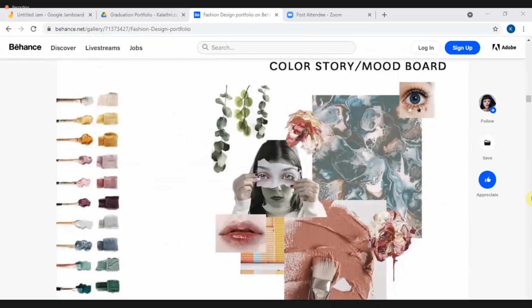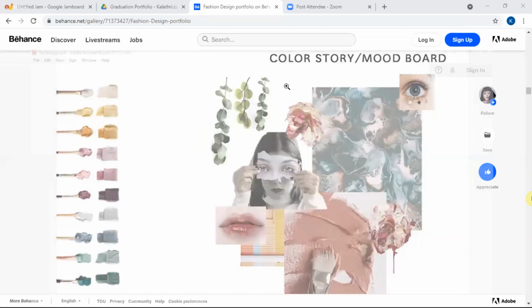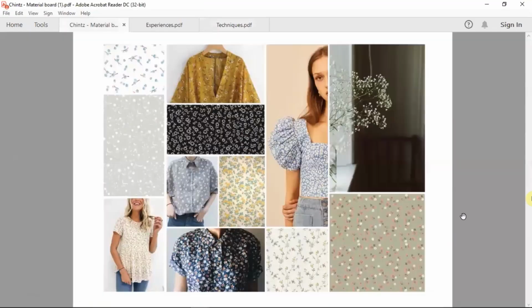And we can have other types of mood boards as well, not this artistic, but these type of mood boards.